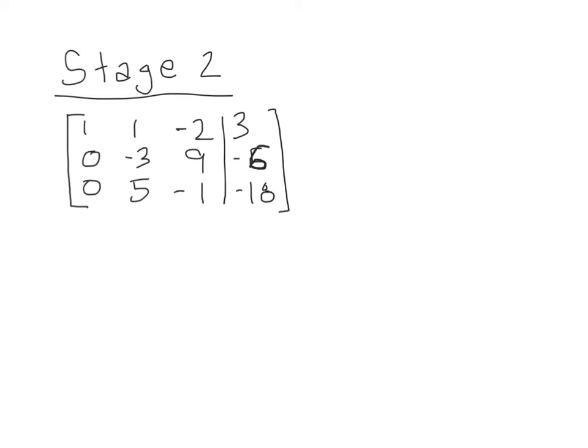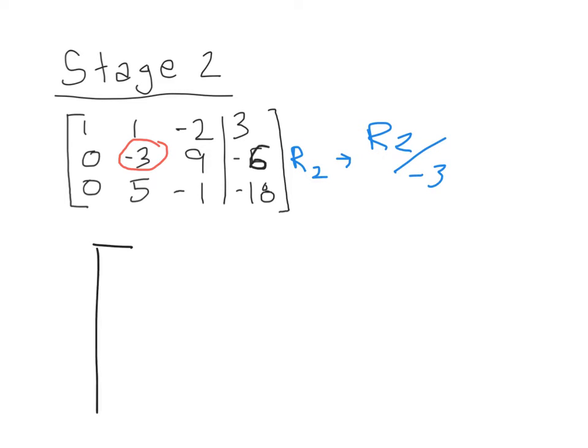Our goal now is to make our next leading one to the right and below of the last leading one that we made. To do this, we can simply take row 2 and change it by dividing every entry in row 2 by -3. This will make that red circle become a 1 as we want.